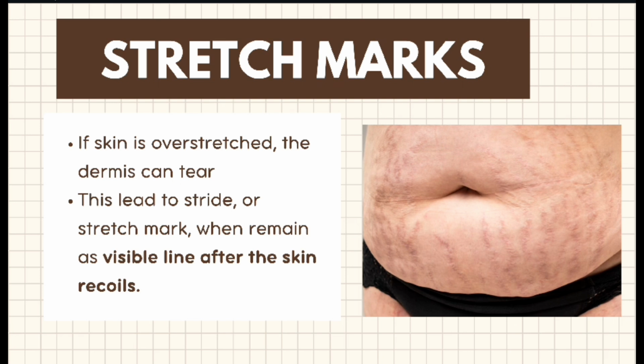To understand it better, imagine the dermis as a woven fabric or a balloon. When stretched gently, it returns to shape, diba? But if pulled too fast or too far, the fibers snap or thin out, leaving behind weakened lines just like permanent stretch marks on the skin.